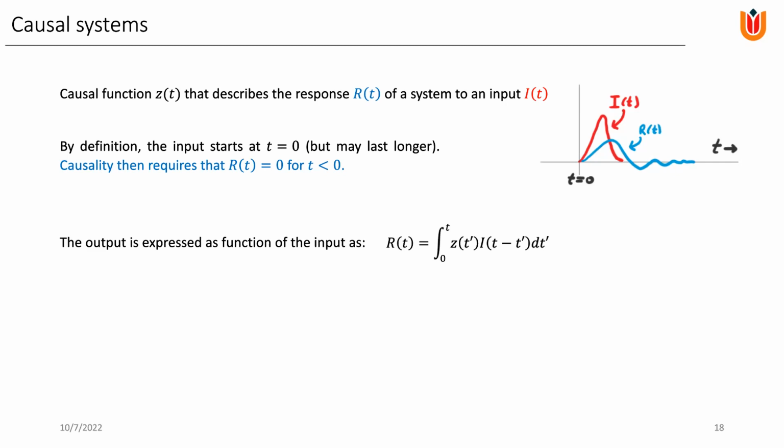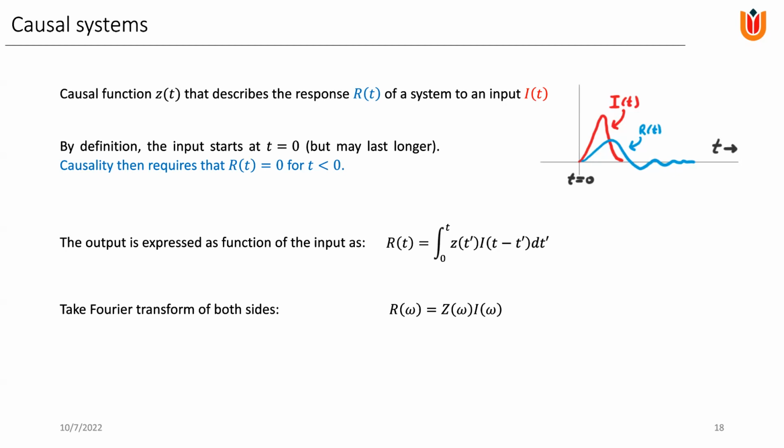Also, we expressed it in this convolutional form. So the response is given by the input at all times prior to the time that we're looking at. First thing, like we said, it's a convolution.